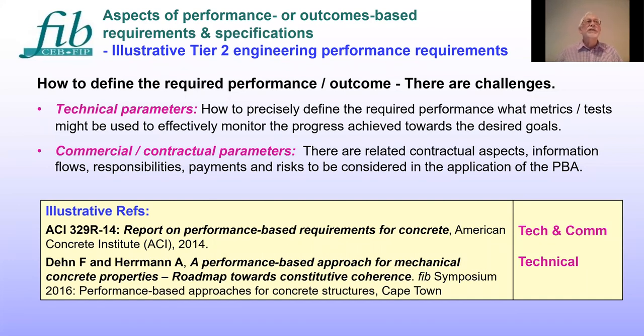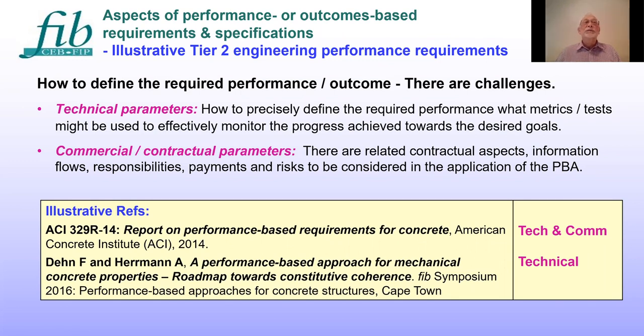Just to bring this illustration of the Tier 2 engineering performance requirements to a close, I'd like to indicate that obviously there are significant challenges in achieving this, but the challenges tend to come in terms of defining the technical parameters. So how precisely can they be defined? What performance metrics and tests might be used effectively to monitor progress towards the desired goals?